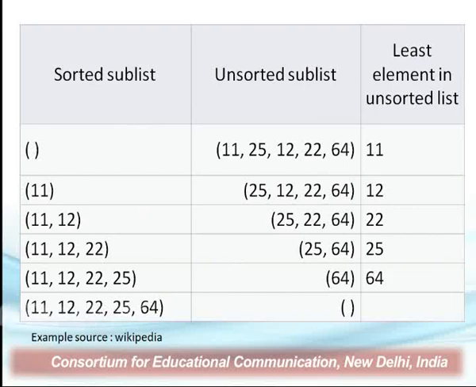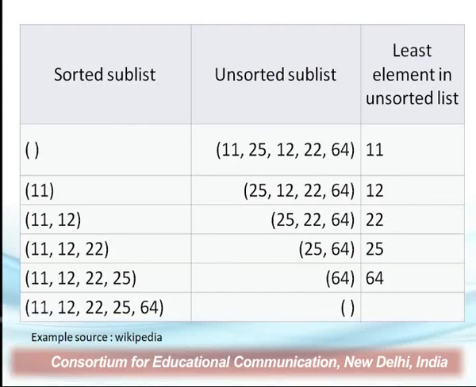Coming to the next step, in the unsorted sublist, again the least element will be taken off. We run that process again, and now the least element in the unsorted list is 12. This 12 is added to the sorted sublist, increasing it by one element.